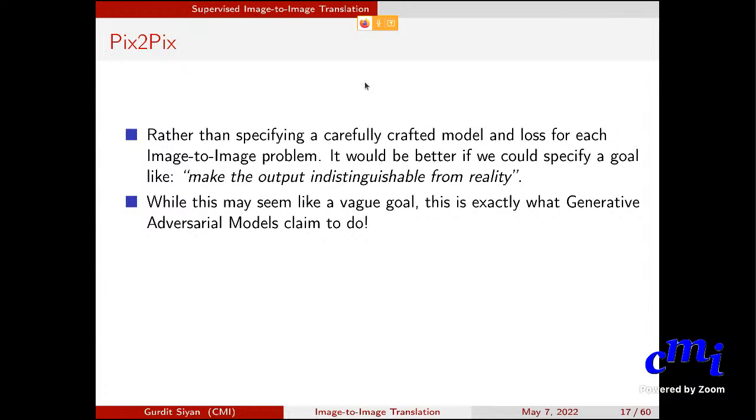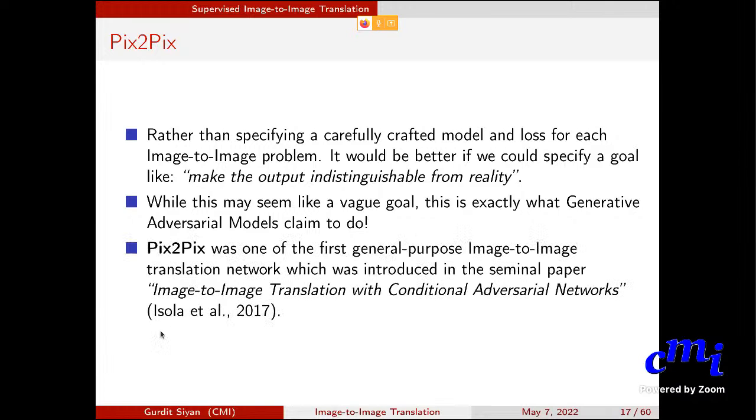GANs try to sample from a probability distribution that the discriminator thinks came from the real distribution. The pix2pix model is based on a conditional generative adversarial network. It was introduced in 2017, and it was one of the first general purpose solutions to the image-to-image translation problem.